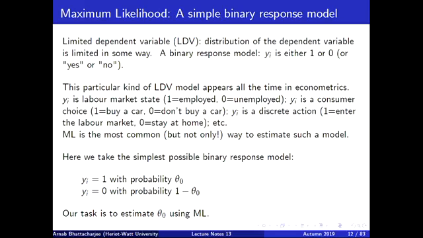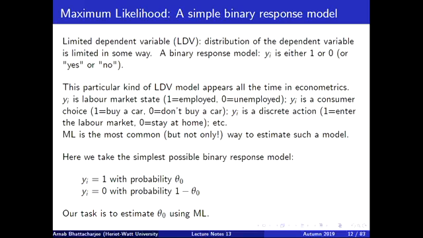What do we have? We have a limited dependent variable. What is a limited dependent variable? It is a dependent variable, but its value is limited. In this case, it is just a binary response variable. Yi takes the value 1 or 0, or yes or no. Examples: labor market state, 1 equal to employed, 0 equal to unemployed.